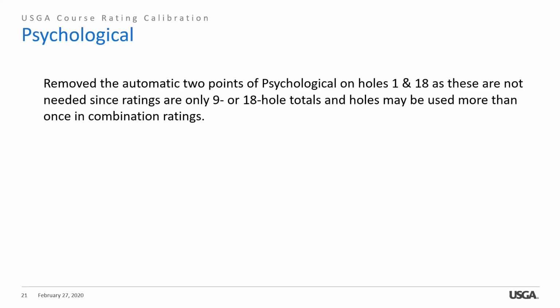For example, last fall we rated a course in Lansing called Woodside, and it's a 12-hole course, and the way that we had to set it up was that the extra 3 holes have to be added in as a 9 in the system. So we had to use 1, 2, 3, 1, 2, 3, 1, 2, 3 to get our 9. When I put it in the system, I kept getting why are these numbers different on each of the holes?